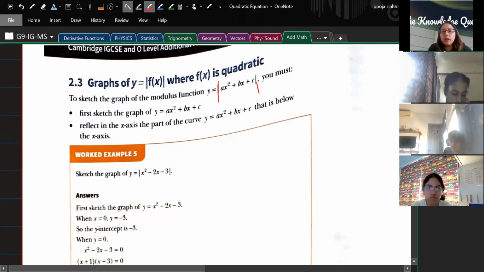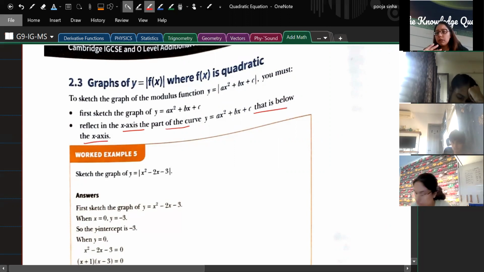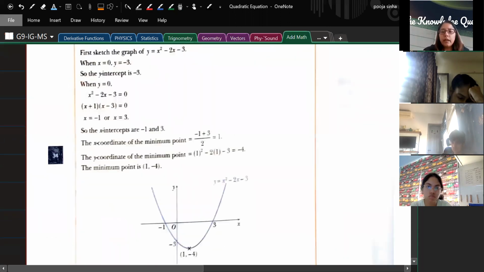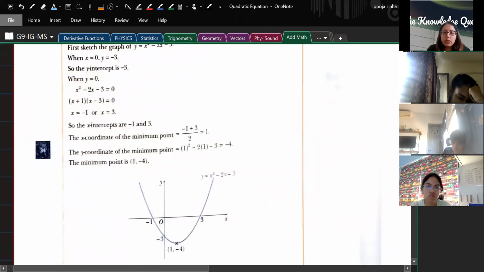So what will we do? First you sketch this, then reflect in the x-axis the part of the curve that is below the x-axis. That means the part below goes up. Whatever is below will come up, you have to mirror it. This is what you get as your graph.